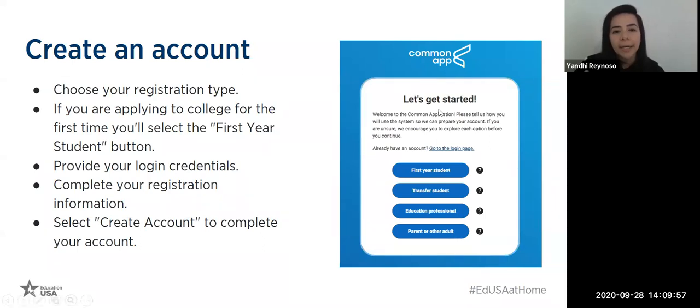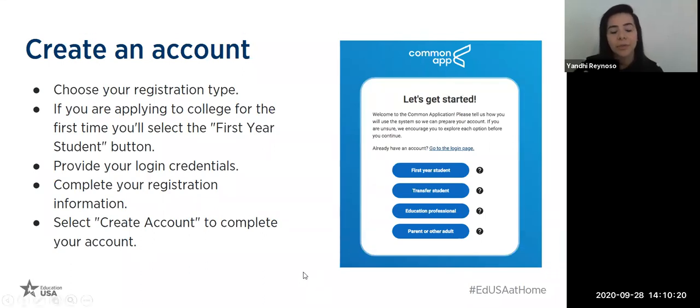So to create an account, it's really easy. Make sure you use an email address that you check and that it is professional. This is the email that the Common App and colleges will use to get in touch with you. You will need some basic information like your name, your home address, your phone number, and date of birth.